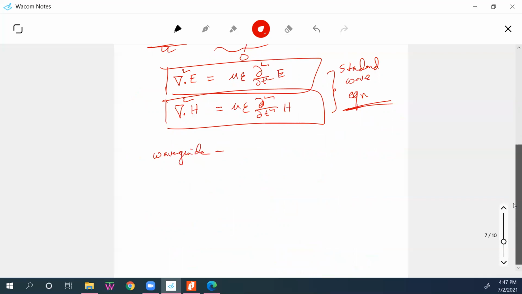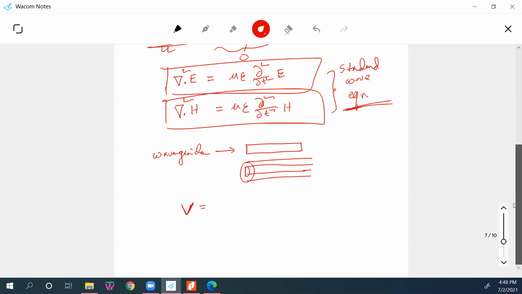What kind of waveguide? If it's a square waveguide, meaning a metallic waveguide, which was used for microwave, and it can be used for the cylindrical waveguide, which is our optical fiber. An optical fiber is nothing but a cylindrical waveguide. So if you apply this formula to the cylindrical waveguide, where we will have cylindrical coordinates, then the solution of this will give the phenomenon of the V parameter.